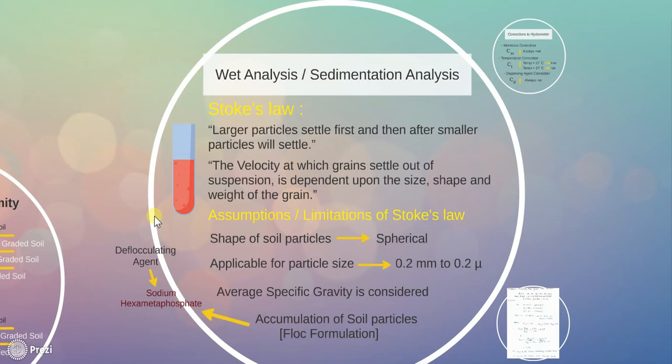However, in the hydrometer method, it is computed by reading the density of the soil suspension at a particular depth at various time intervals. In the hydrometer method, to determine the depth at which the specific gravity is measured, calibration of the hydrometer is also done.